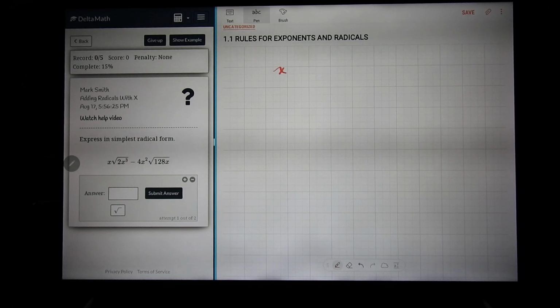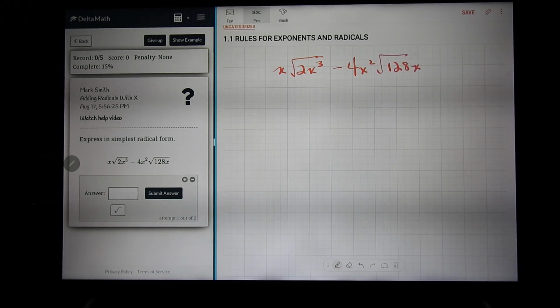Okay, so we have x times the square root of 2x cubed minus 4x squared times the square root of 128x. Holy cow. The first thing I notice is that we can simplify this one by making it x squared times 2x. So I took the highest even number out of there, which was a 2.